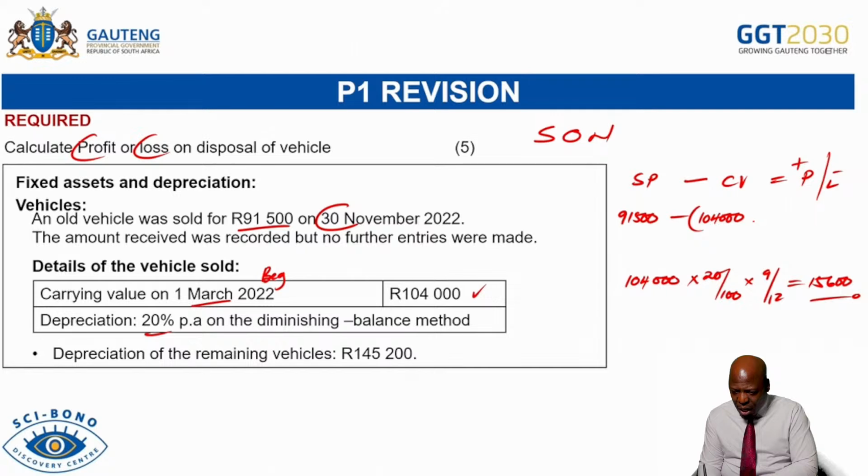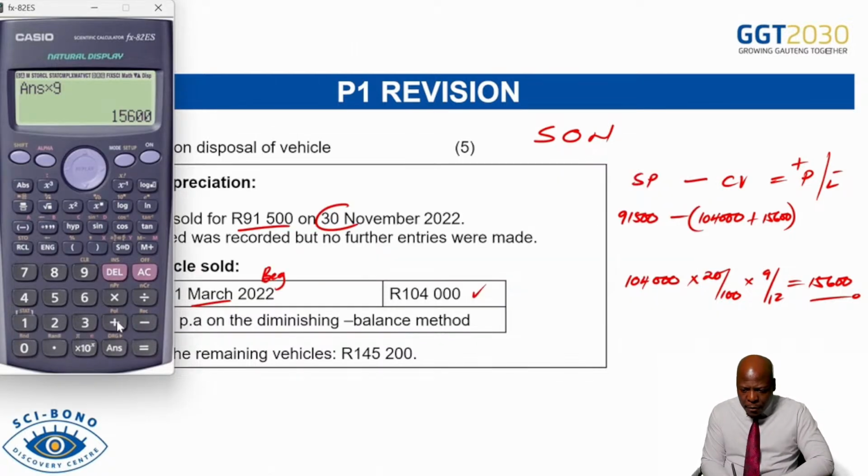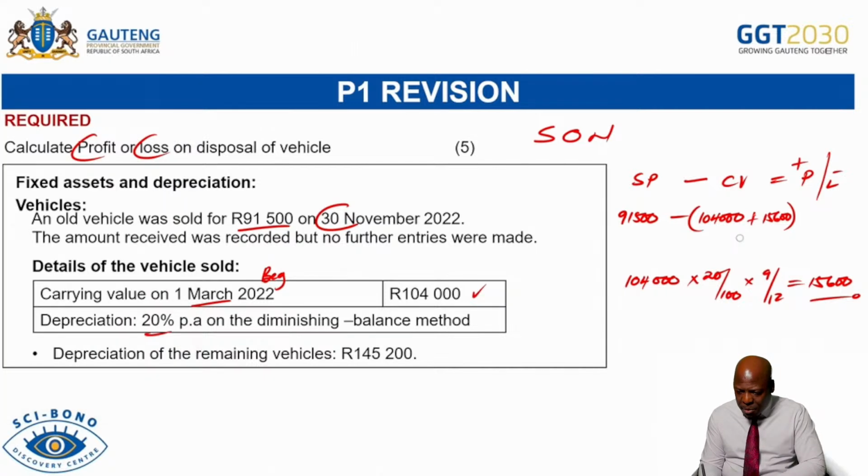So it simply means I'm going to come here and say 104 minus 15.6. Remember, I'm subtracting here.